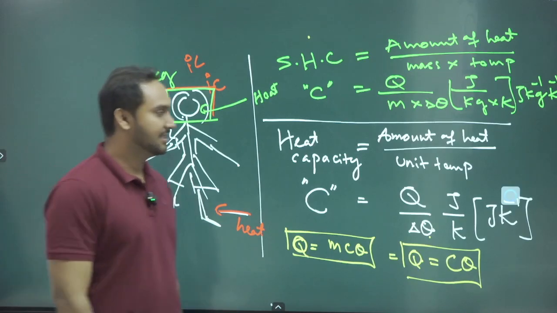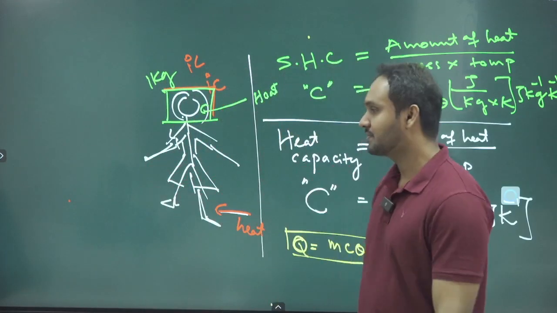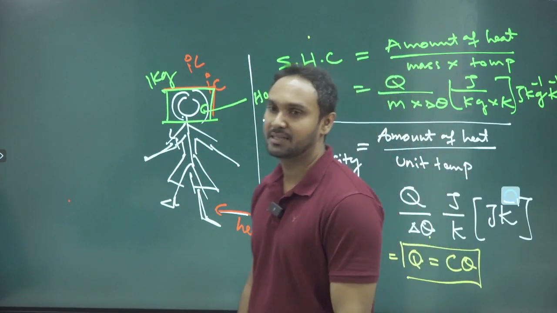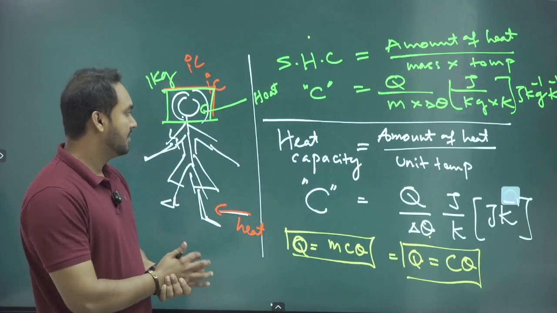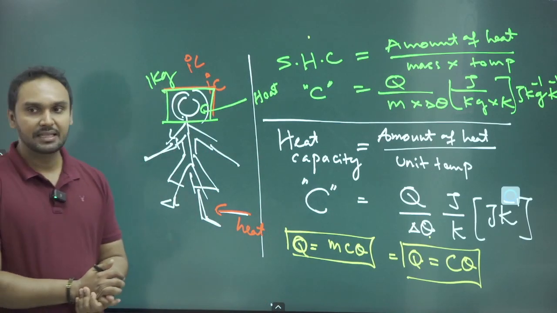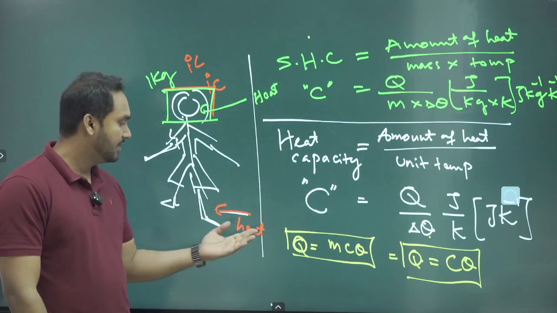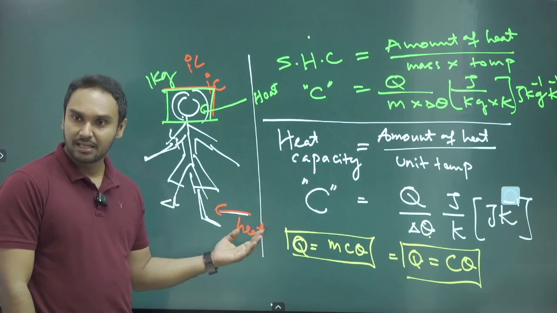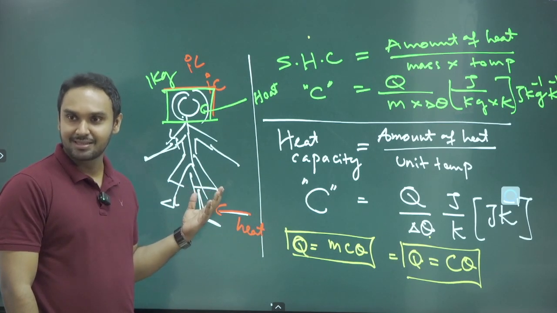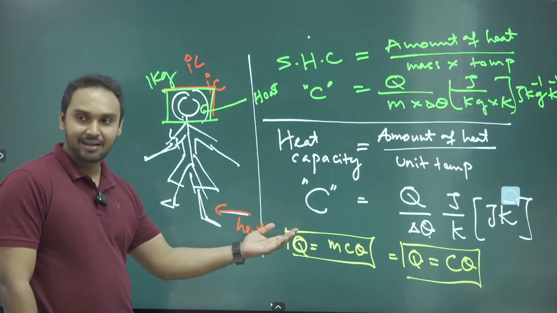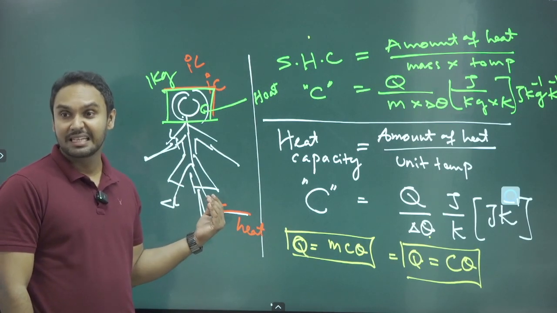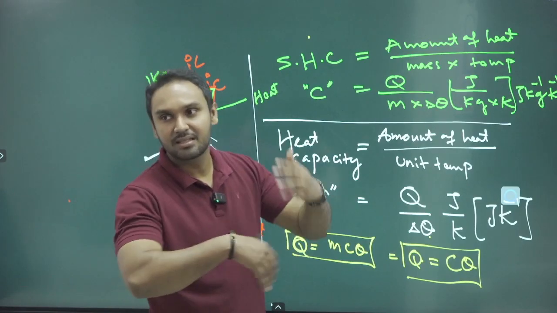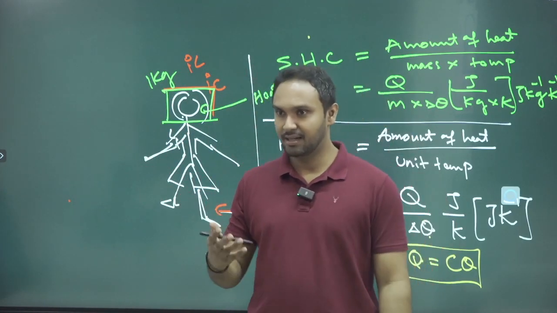Right. Guys, listen. We were discussing specific heat capacity and heat capacity. What did I say when we discussed heat capacity? I apply heat to the object. When the heat is absorbed, the temperature increases, it rises.